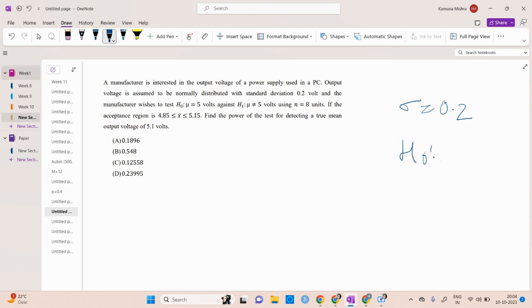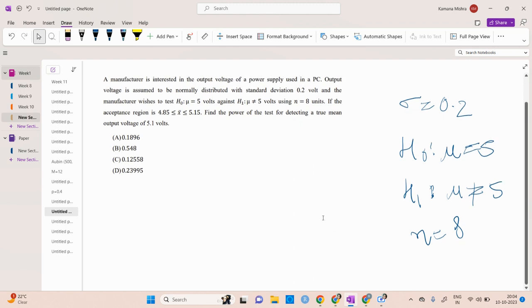H naught is mu equal to 5, and H1 is given here, using n equal to 8 units. So n is the sample size.